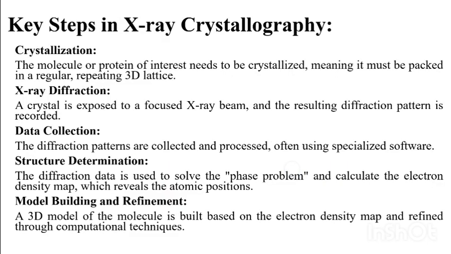Okay. Next, what are the steps of X-ray crystallography? At first, crystallization. The molecule or protein of interest, the sample, we first have to crystallize. It must be packed in a regular, repeating three-dimensional lattice. Then X-ray diffraction.